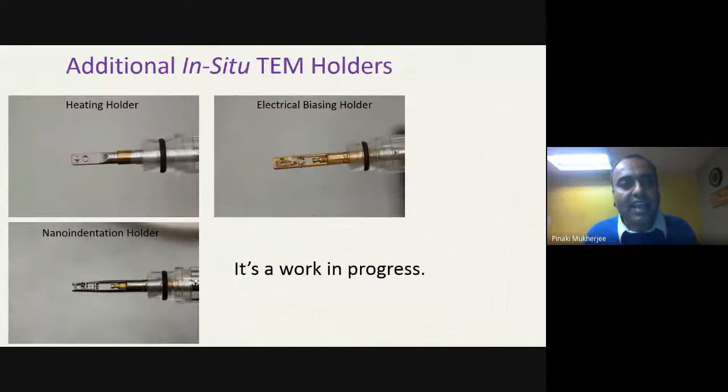And of course, we can do heating, we can do nano indentation and measure a force curve, and we can do electrical biasing, all while we are seeing the sample. So it's a work in progress, and that's all about our capabilities, and that's all about my talk today.